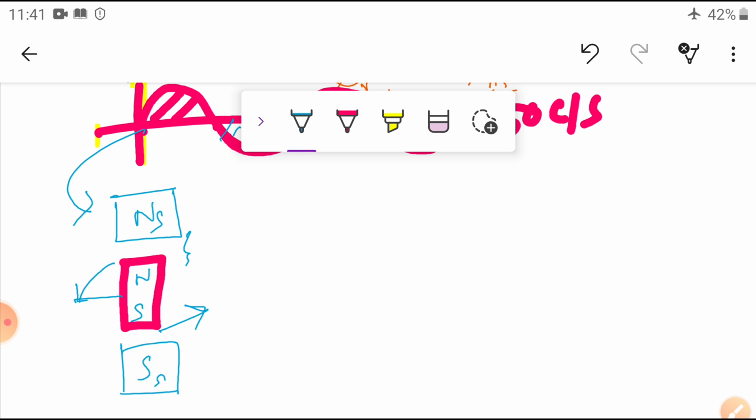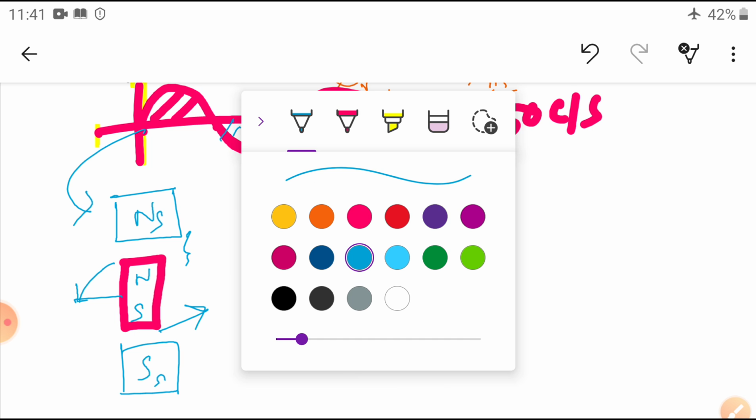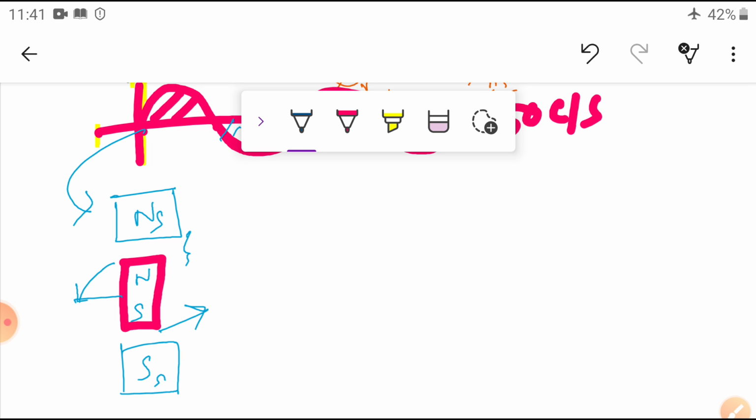then comes the negative half cycle. What will happen? Once again, this becomes the south pole of the stator and this becomes the north pole of the stator, whereas the rotor remains the same.